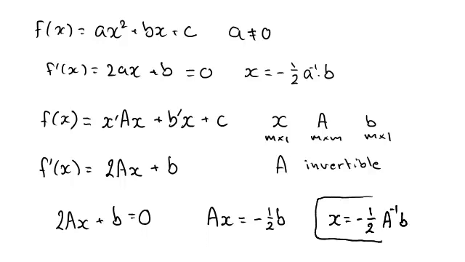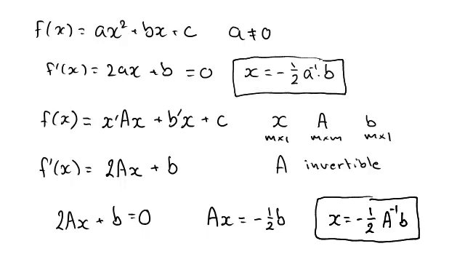This result looks very much like the univariate result. The difference is of course that for the univariate result a and b are constants, while for the multivariate result A is a matrix and b is a vector. But this is the only stationary point of the function.